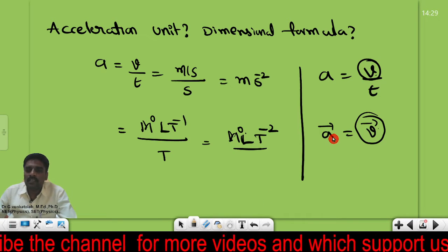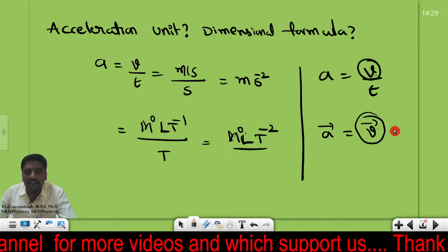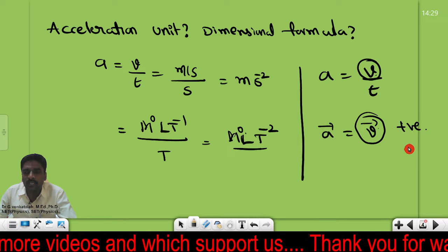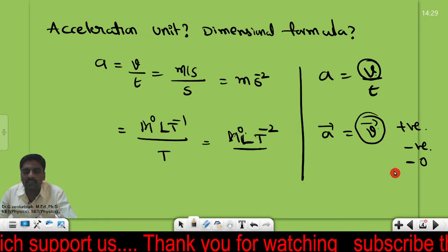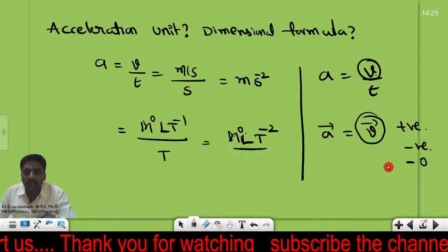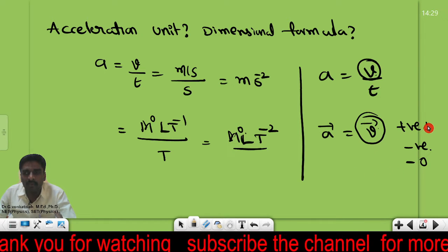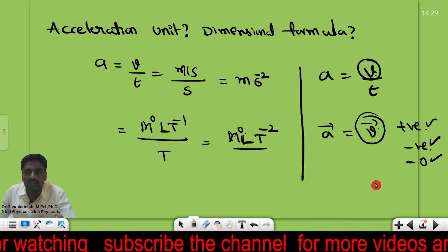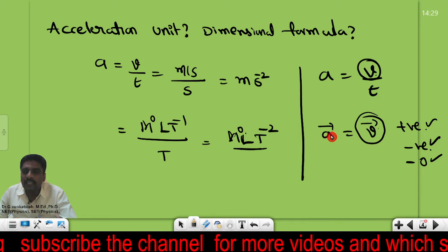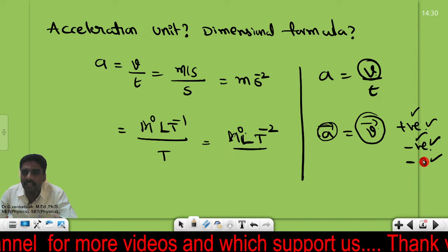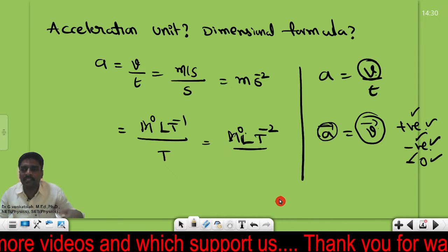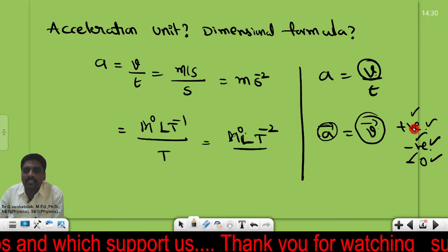See, velocity may be positive, it may be negative, it may be 0. It is possible because velocity can have any of these values: positive, negative and 0. So the acceleration will also be positive, negative or 0, because it depends upon the displacement.